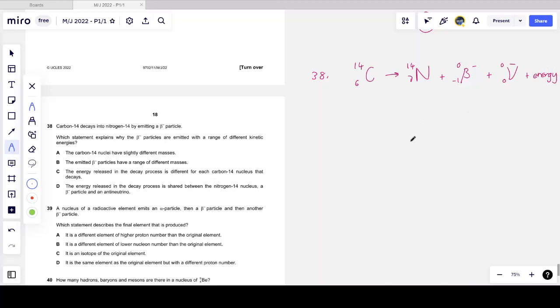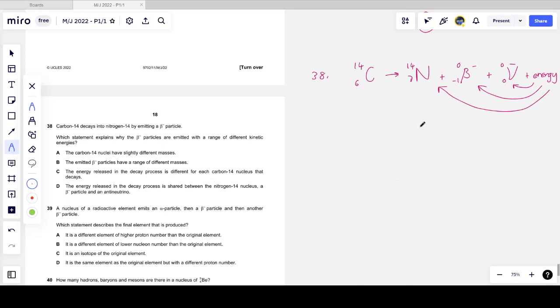Now, what happens is this energy is usually given in the form of kinetic energy, a little bit of heat as well, but it's given in the form of kinetic energy to the products of the decay. And so the decay products rebound. They move off. Now, obviously, the nitrogen is fairly heavy. It's not going to move as much as the beta particle or the neutrino.